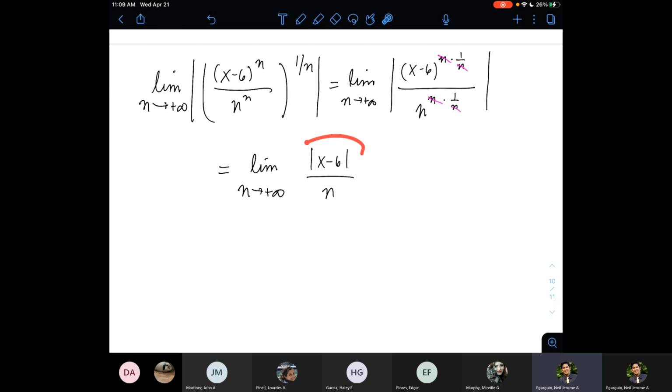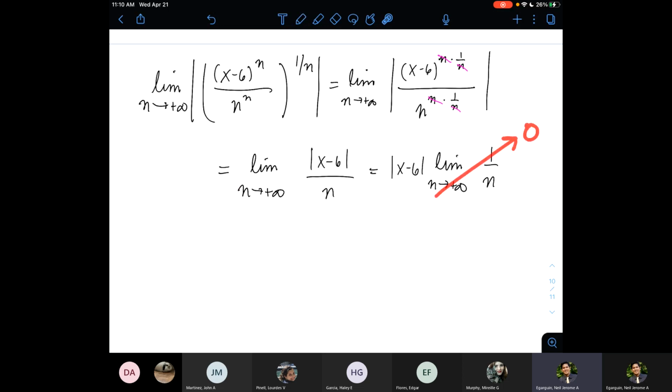But the thing is, the numerator is free of the limiting variable. We are taking the limit as n approaches infinity, and the numerator doesn't involve the variable n, so it can come out of the limit because you can treat it as a constant, and we'll just be left with this as n approaches infinity. But what is the limit of 1 over n as n approaches infinity?